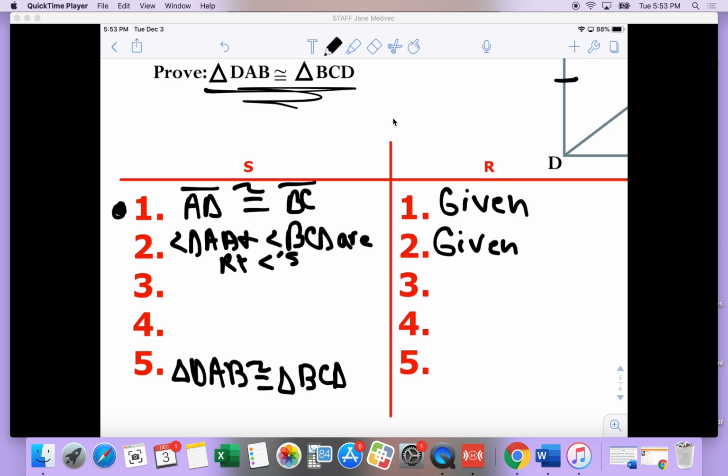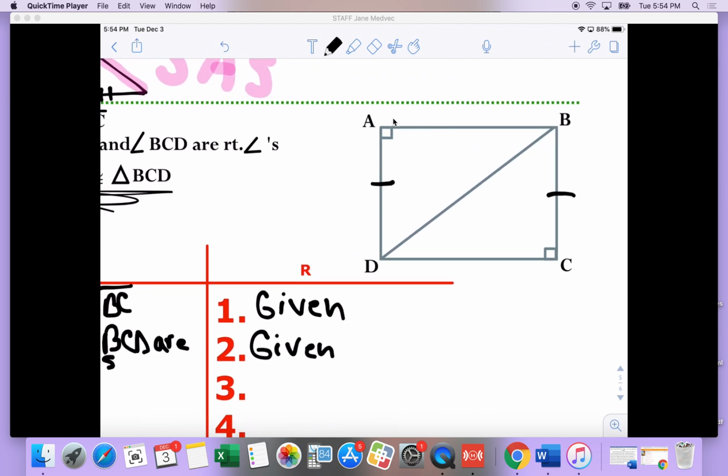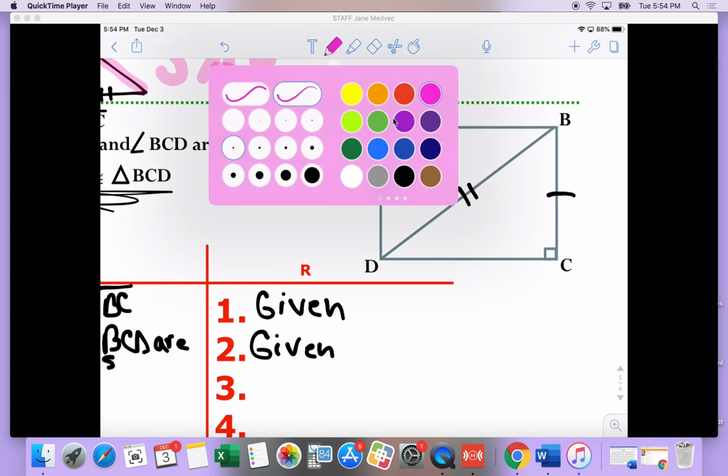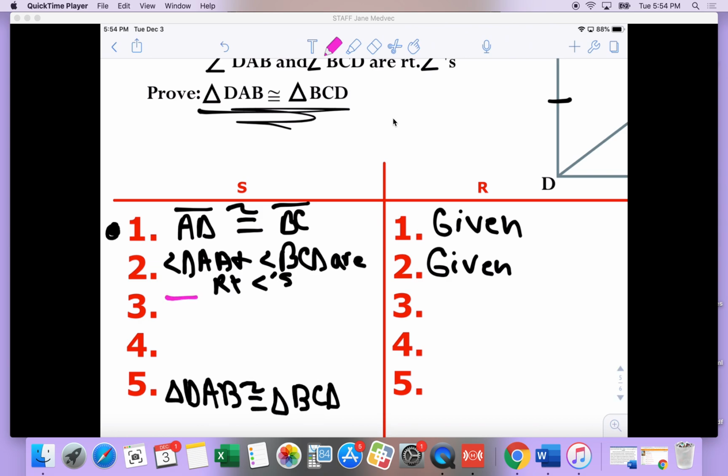Now if I have a right triangle, okay, if I take a look at this, there is something that's kind of obvious, and that's our reflexive property. So I'm going to go line segment BD is congruent to line segment BD, and that's reflexive. You notice that they gave me a hypotenuse with that. And so now I've got 2 of my 3 things for HL.